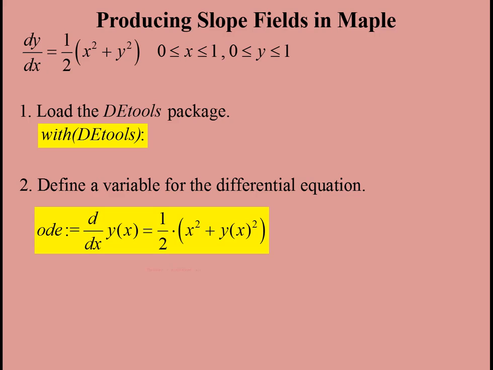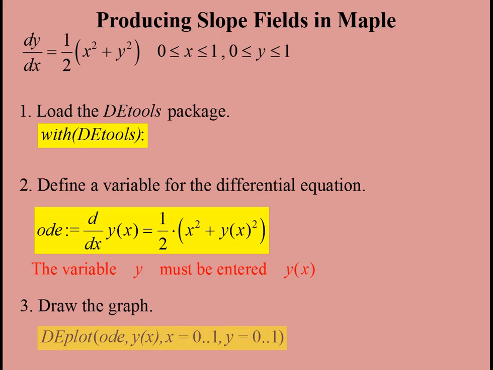We will do this way because it makes handling and doing things a little bit easier. We'll define a variable to represent our differential equation, and then we'll just tell it to plot the differential equation. So basically 3 steps to use Maple to do the differential equation.